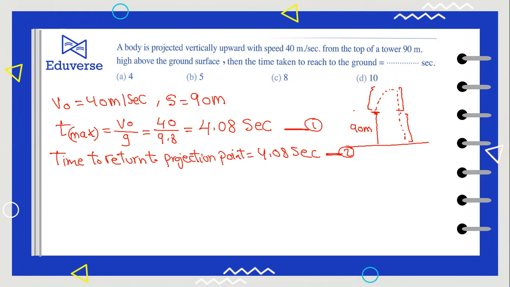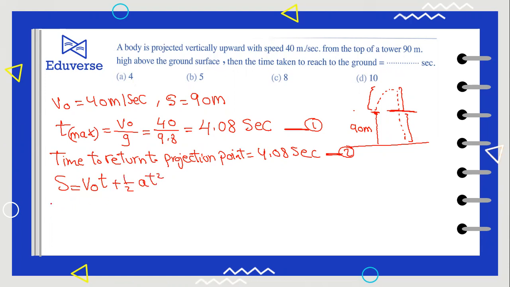The last time is to return from the projection point to the ground. In this case, I will use the distance 90. Here I have the rule: distance equals V naught t plus half a t square.